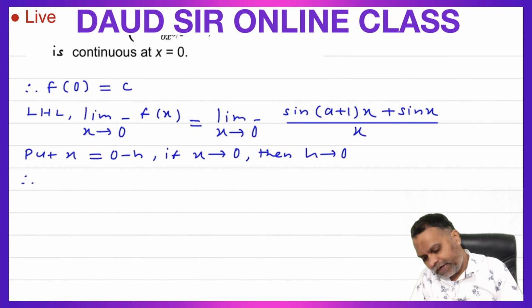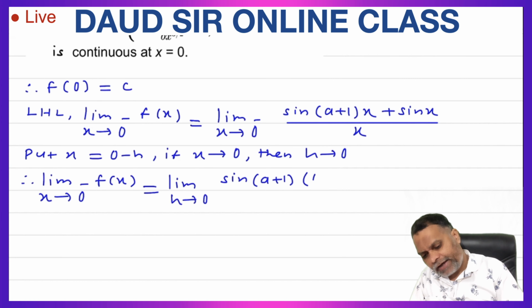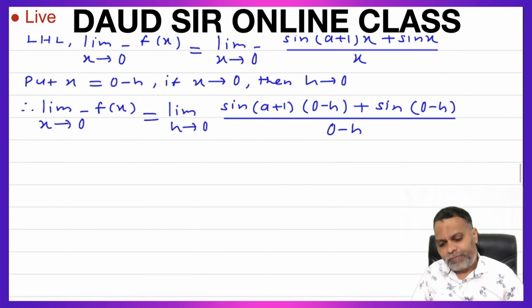Therefore, left hand limit will become limit x tends to 0 minus f of x is equal to limit h tends to 0 sine of (a plus 1) into (0 minus h) plus sine of (0 minus h), upon x is equal to 0 minus h. Simplify this.